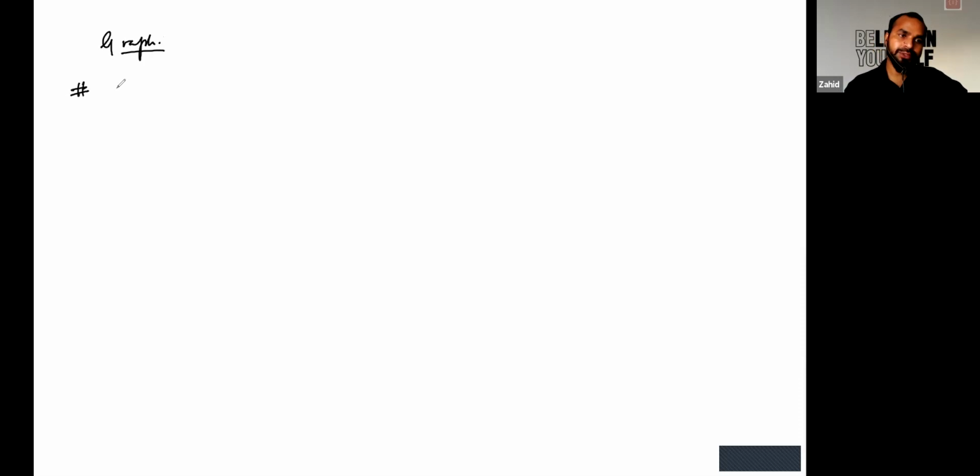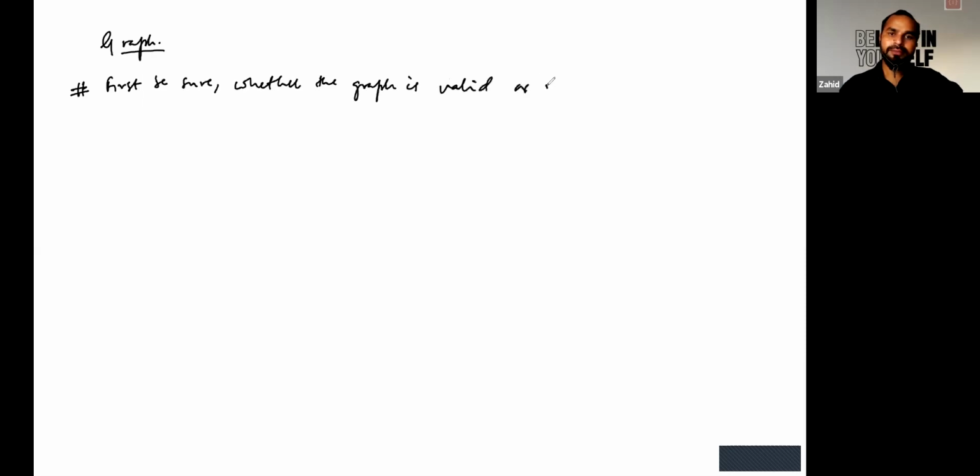First, be sure whether the graph is valid or not. How to define whether the graph is valid or not?